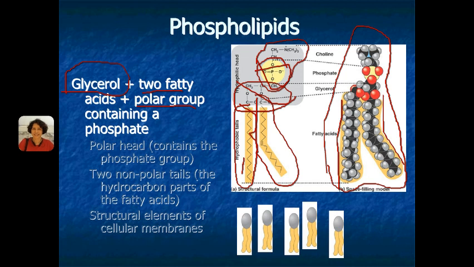And you can have fatty acids with lots of double bonds, like EPA and DHA have 5 and 6 double bonds respectively. So the components then, again, you have a polar head and 2 nonpolar tails, which are the fatty acid tails. And phospholipids are very important components of all cellular membranes.